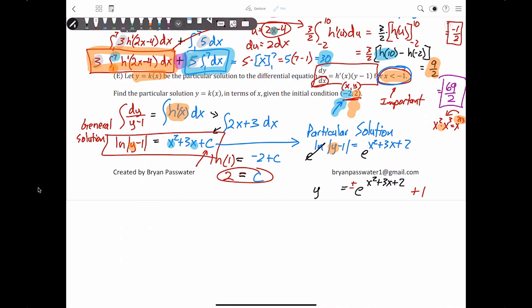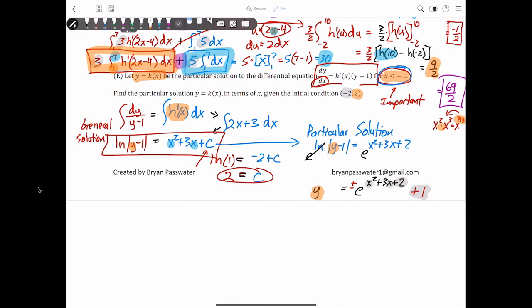To test this, we can use our negative 2. Let me show you our negative 2 input right here that was given everywhere x is. Again, negative 2 raised to the power of 2 is 4, minus 6 is negative 2, plus this 2 is 0, so e to the 0 is 1. So 1 plus 1 would get us to this output value of 2.